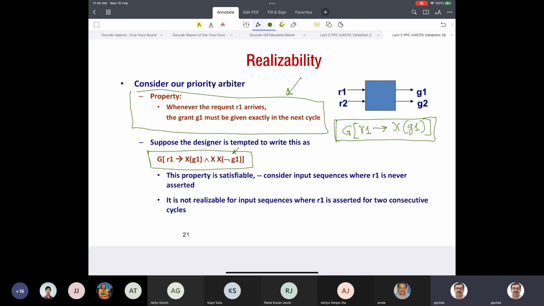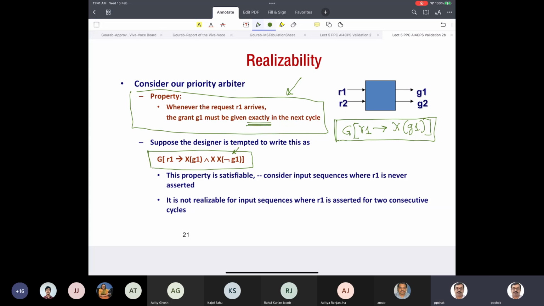Right. So it says that only and exactly for one cycle. Because he asked for this exactly in the next cycle. To implement exactly, he put down the specification. This property is satisfiable because if the request does not come, you don't have a problem. But this is inconsistent. Why is it inconsistent?